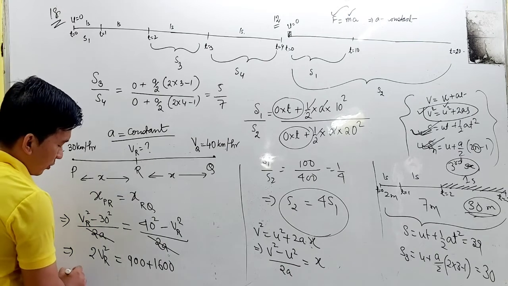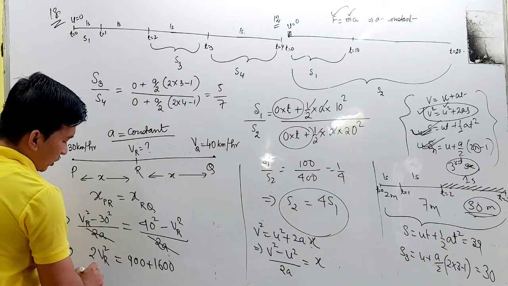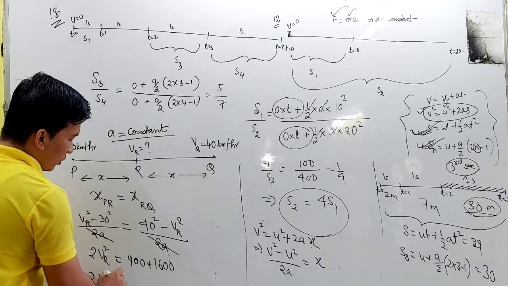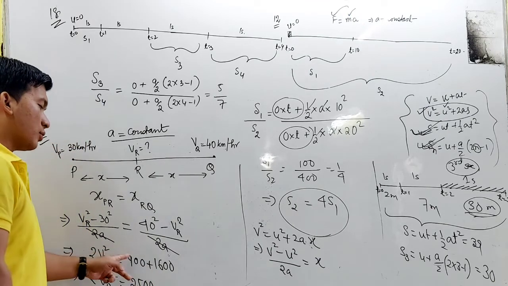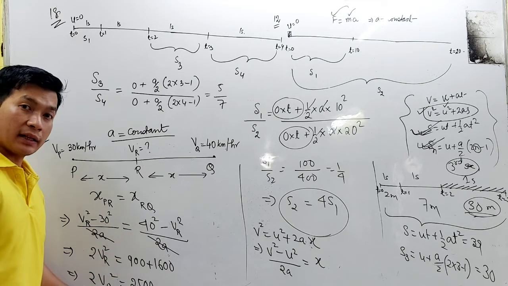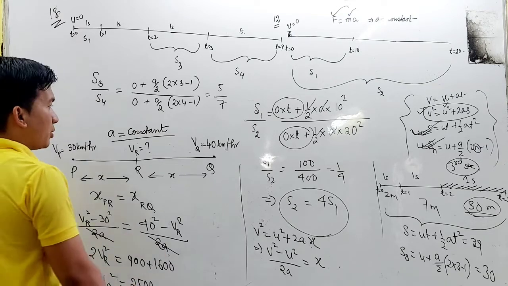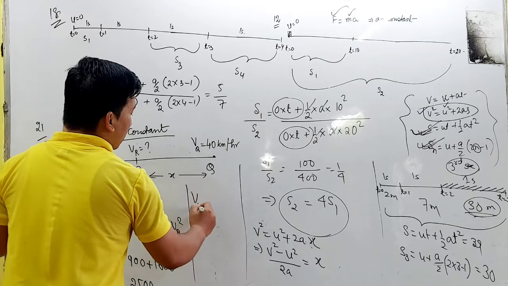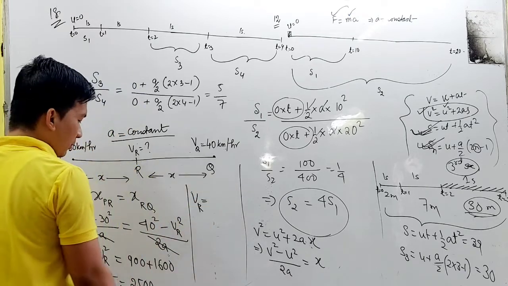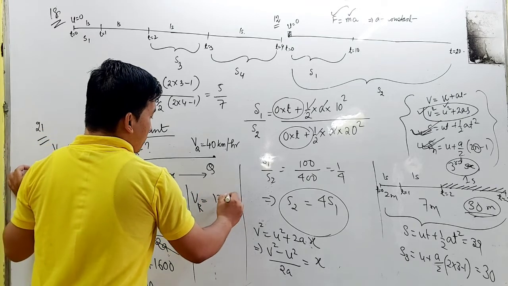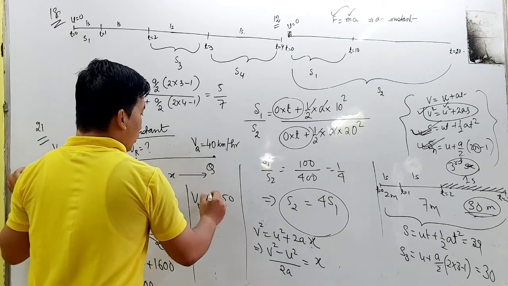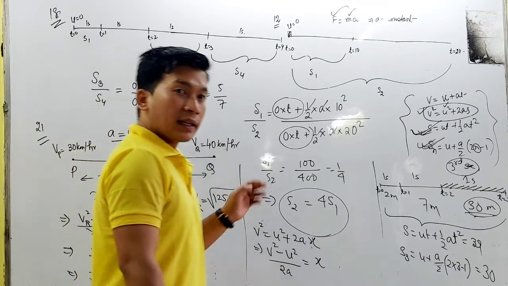Here our answer: 2 times VR square will be equal to 2500. So 2500 divided by 2, VR square will be equal to 1250. VR will be root over 1250.